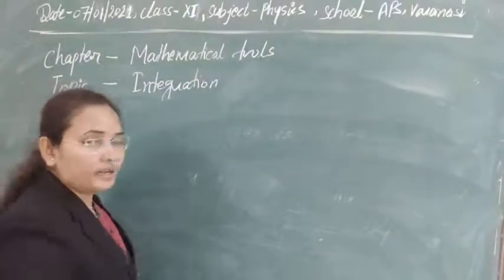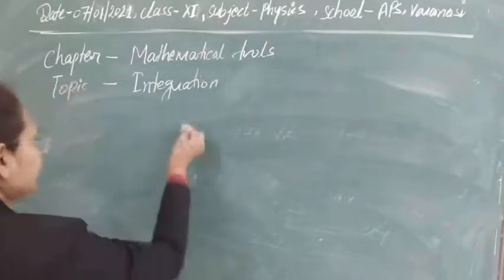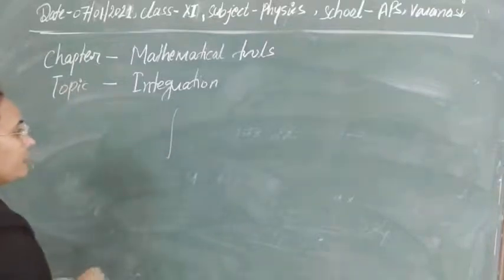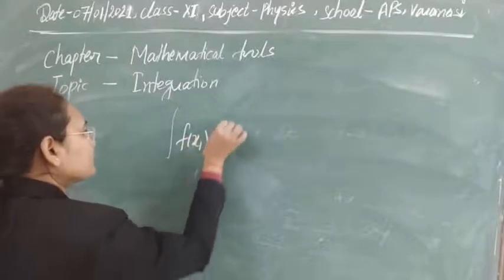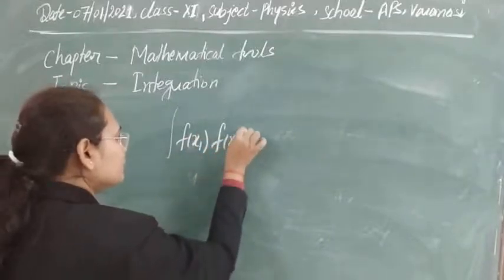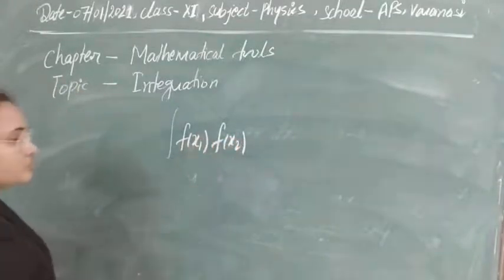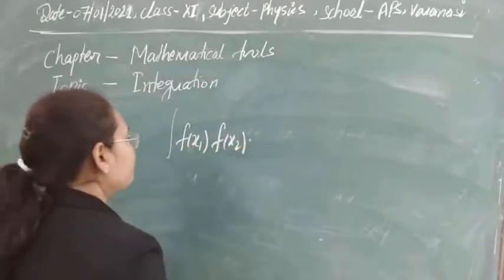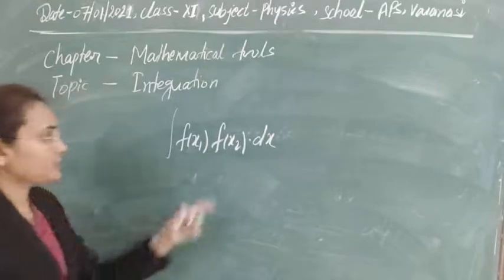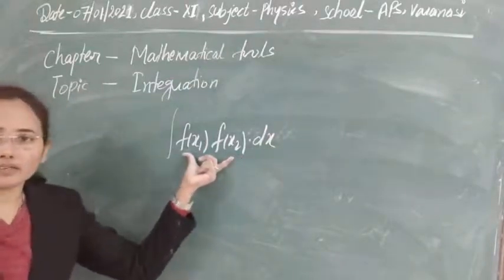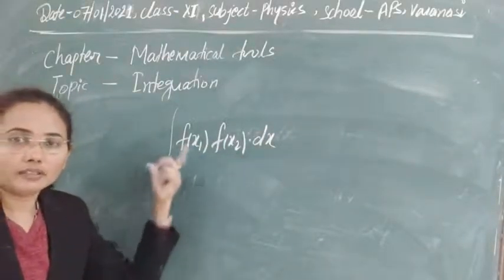So what is integration by parts? In this case, if we have to integrate something like f(x1, x2) dx with respect to x, some product form of these things.